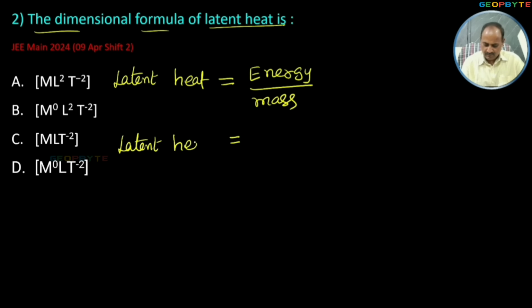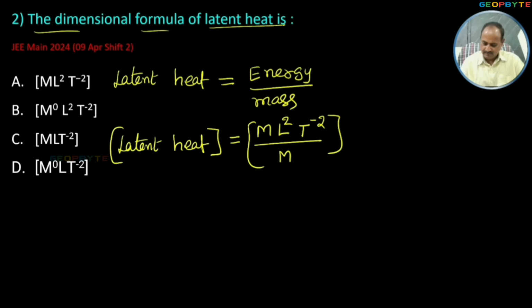Latent heat dimensional formula: energy dimensional formula, M L square T power minus 2, divided by mass dimensional formula, M. Simplify this part. M is cancelling. Finally, it is M power 0 L square T power minus 2. This is the dimensional formula.